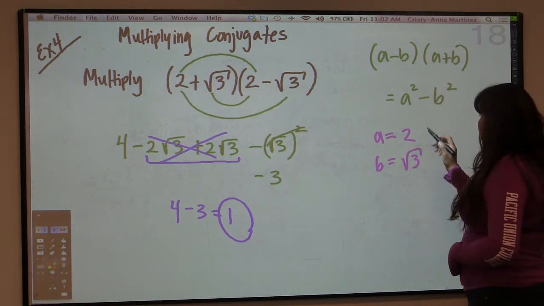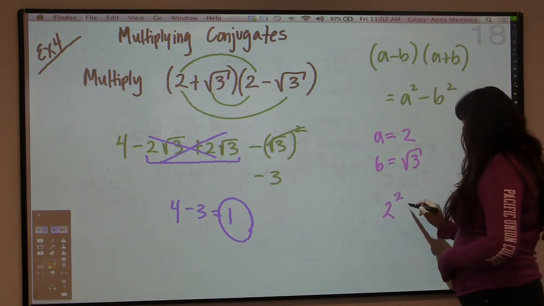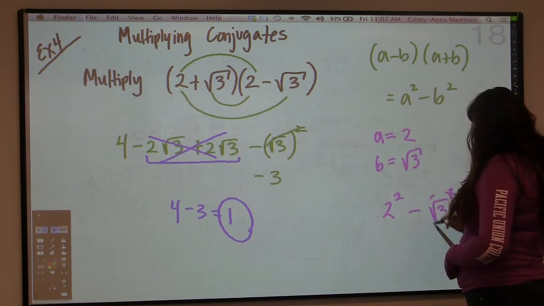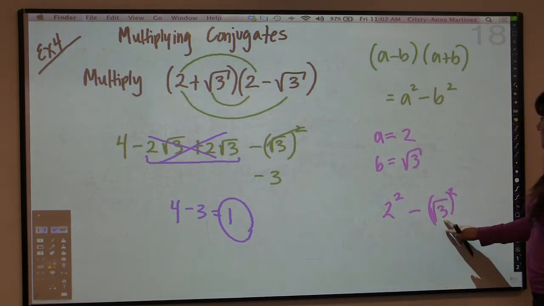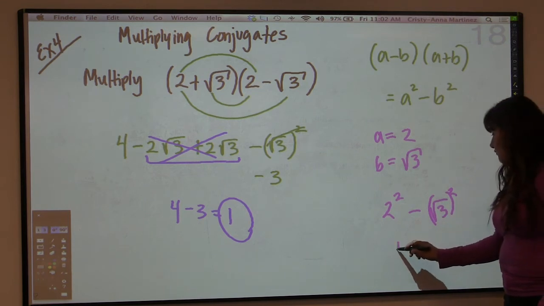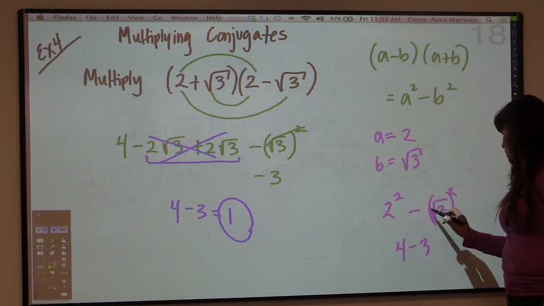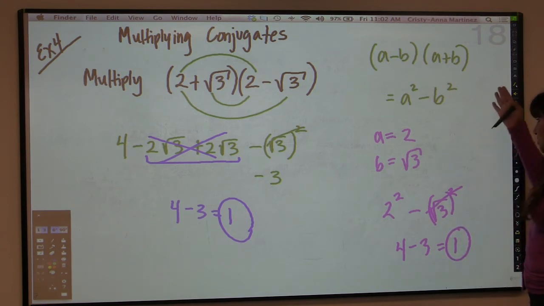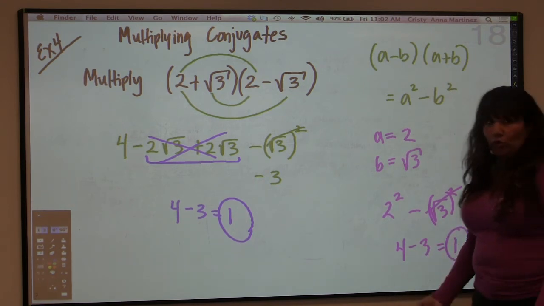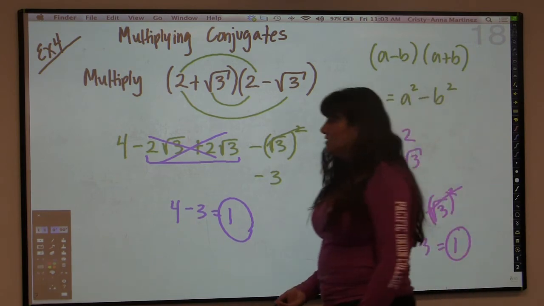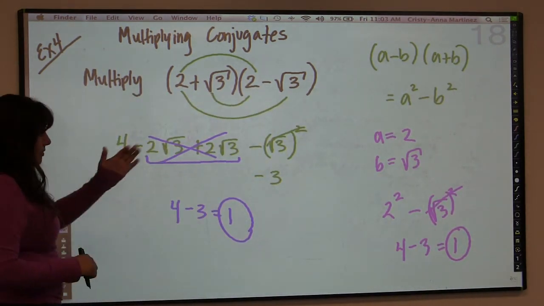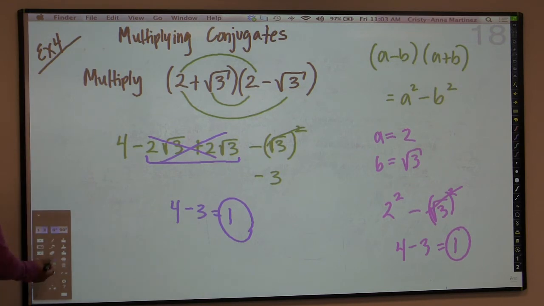So in this case, A squared would be 2 squared minus root 3 squared, because that's what B is. Okay, so A squared minus B squared, and again, I would get 4 minus 3 because the square and the square would cancel, and I would still get 1 as my answer, and this is just a lot easier. But if you don't remember the formula, then you're going to have to do it the FOIL way. So I'm definitely encouraging you to use the formula for this problem. But here we go.